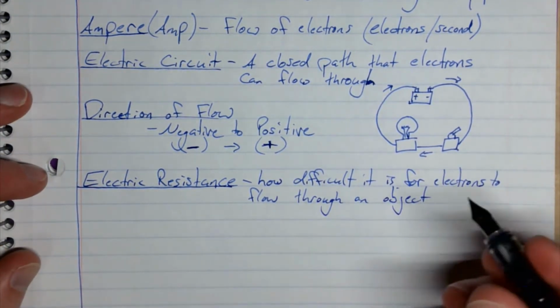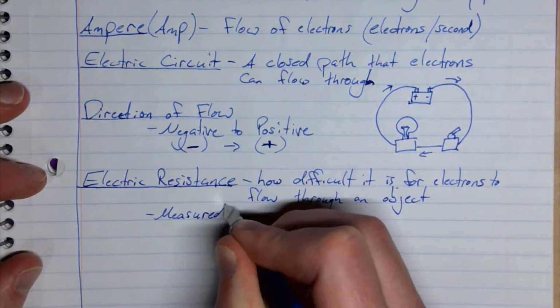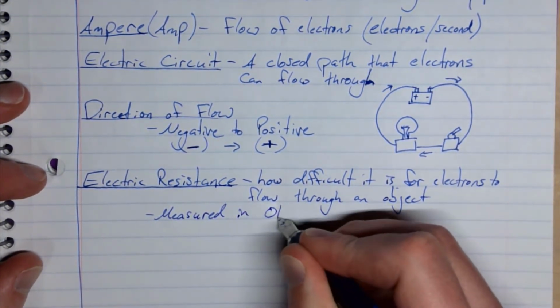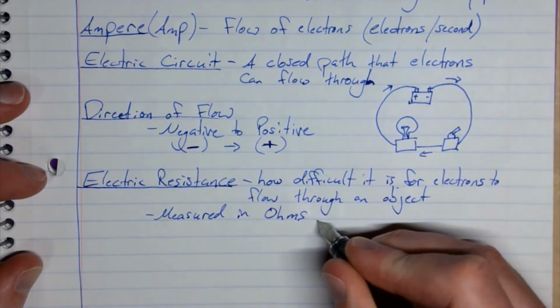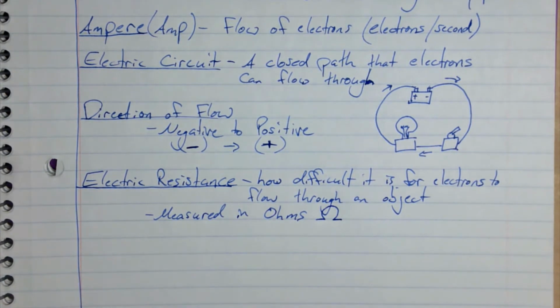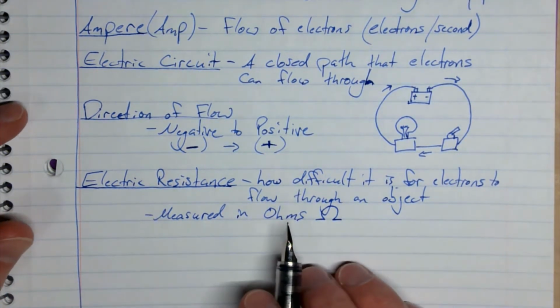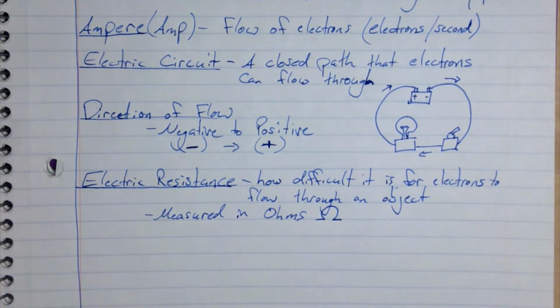We measure that in ohms. And there's a sign that's like that. That's omega. You may have seen that on, I think it's a DC comic thing. But the resistance in insulators is much larger than in conductors.